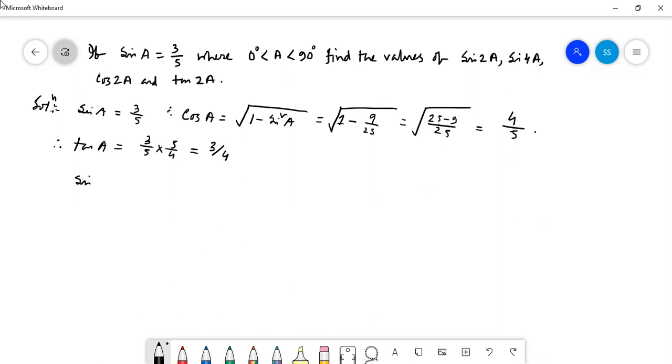Sin 2A equal to 2 sin A cos A, that is 2 into 3 by 5 into 4 by 5. So in the upper half, 2 into 4 into 3 by 25. That is 24 by 25.